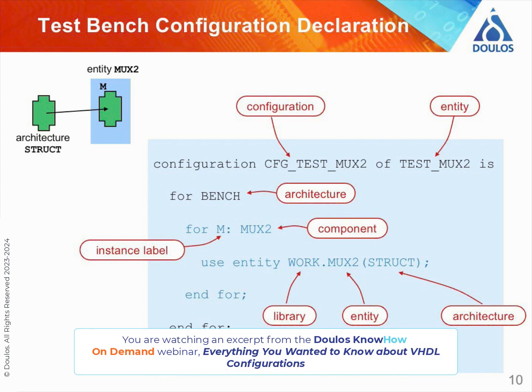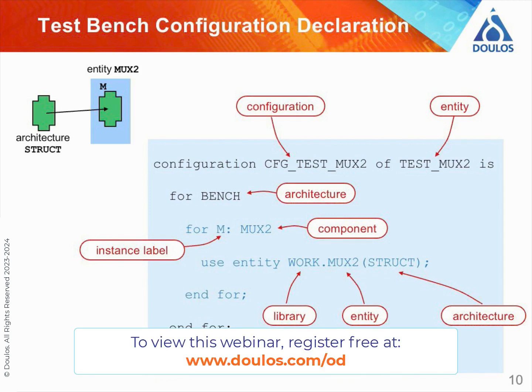Now what this configuration's job is to look around for all instances inside bench and bind all of the component instances to entities. In this case, there's just one component instance. The instance's name is M, and it's an instance of the component mux2.